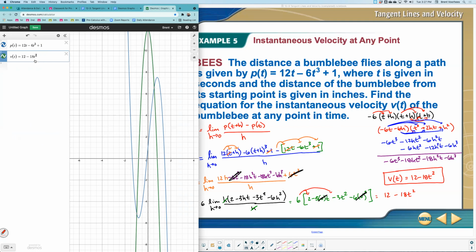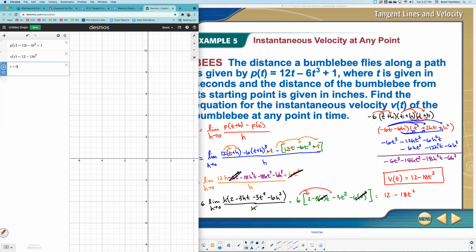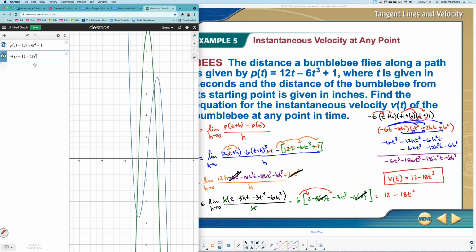Rather than pick a certain t, let me show you a table.